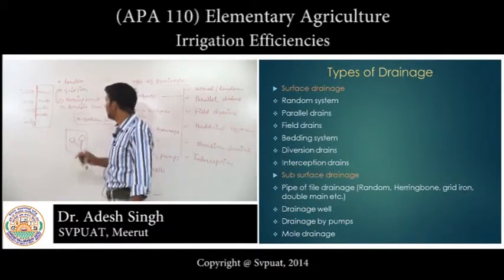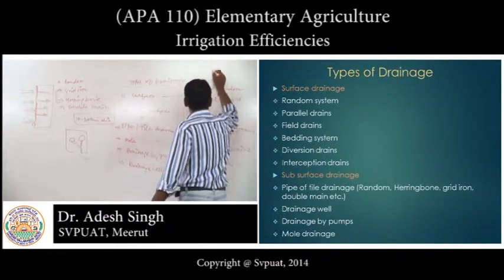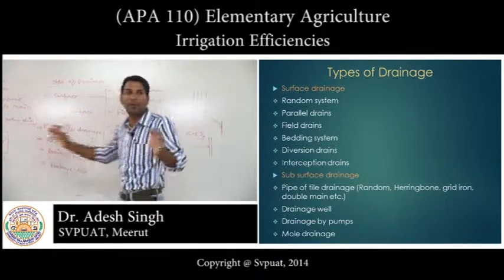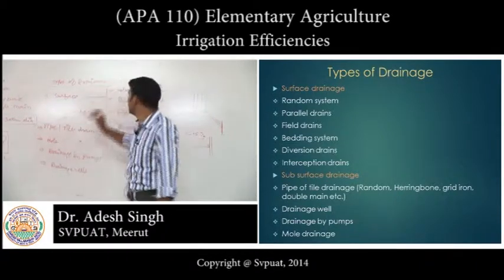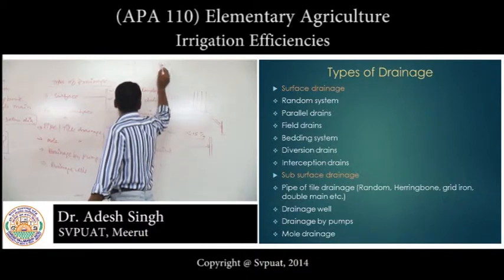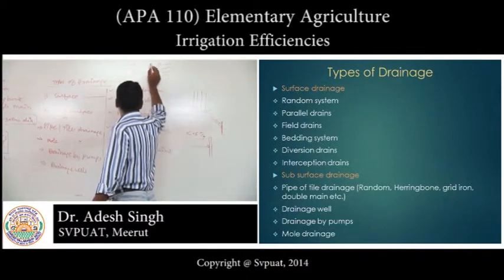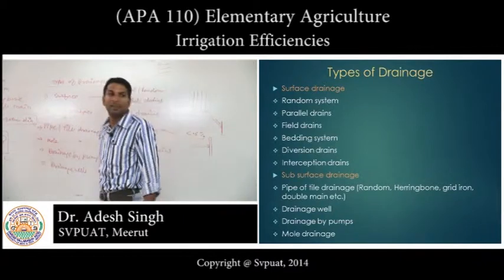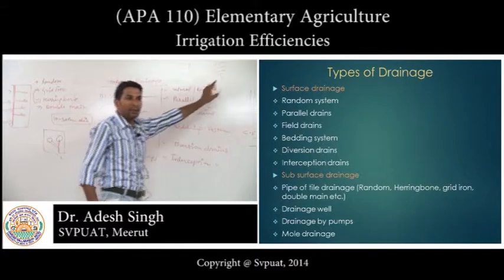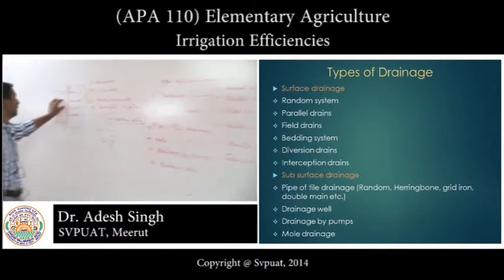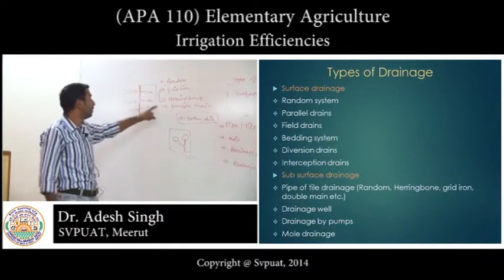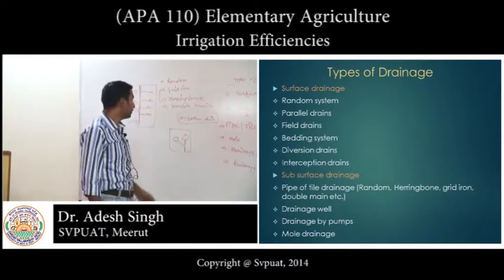But double main means the depression area has more width, so one can collect the water from this side and another can collect the water from that side, and this area is not cultivated. Means two main channels are there. But in these cases only one main drainage channel is there. So double main means two main channels.